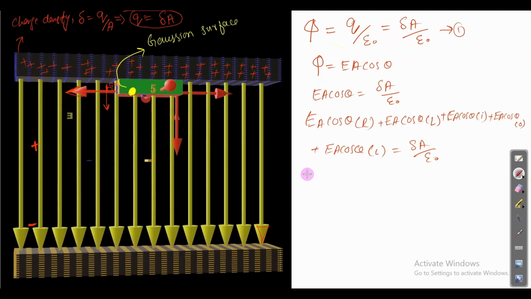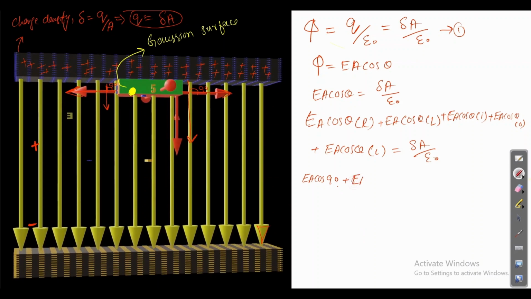So I can write EA cos 90. Sorry, this is for the left side, and that is for the right side. For the right side of the box, the direction of the area is perpendicular to the surface, and the direction of the electric field line is toward the lower side, so here also the angle is 90.